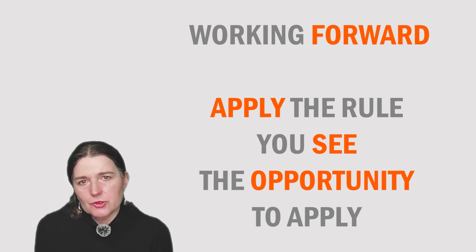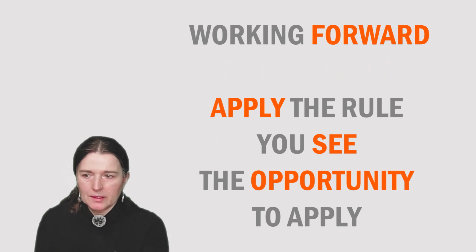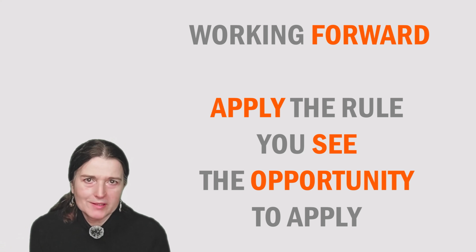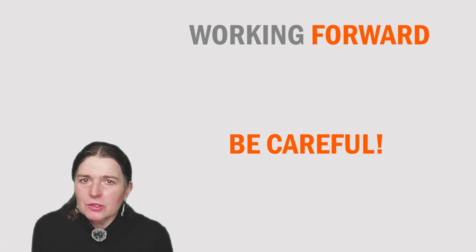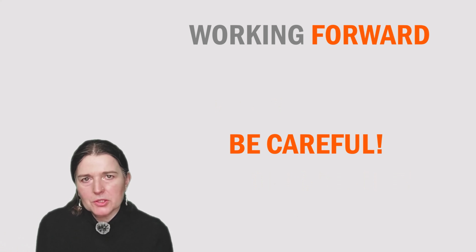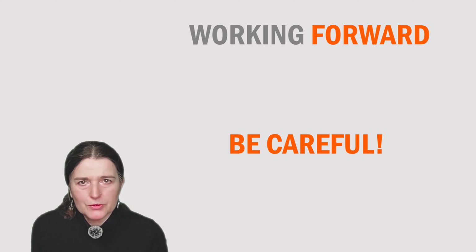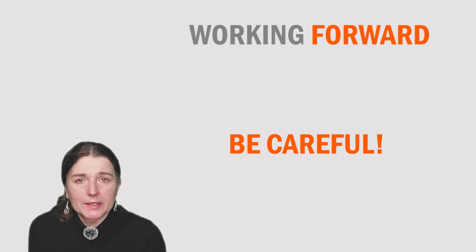Working forward strategy consists basically in your applying inference rules that you see the opportunities for applying. You should not follow the working forward strategy too often, especially when you're new at doing proofs. You can get lost by doing useless steps.